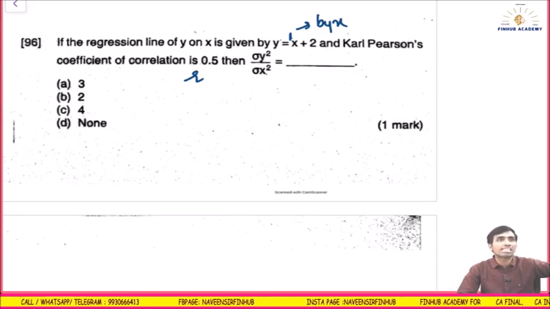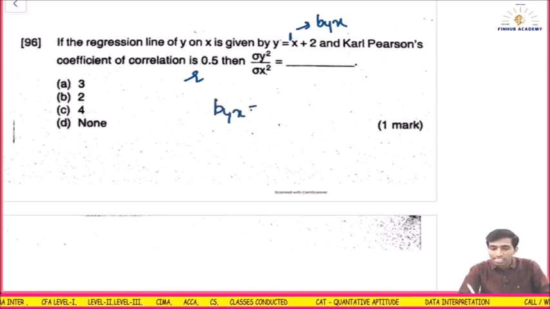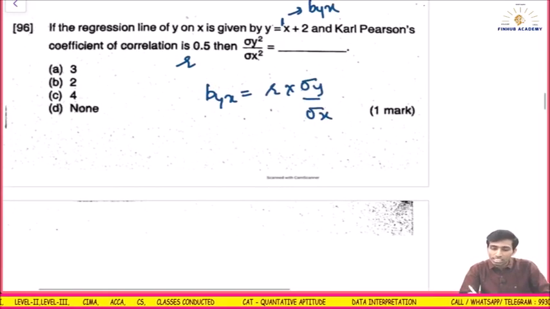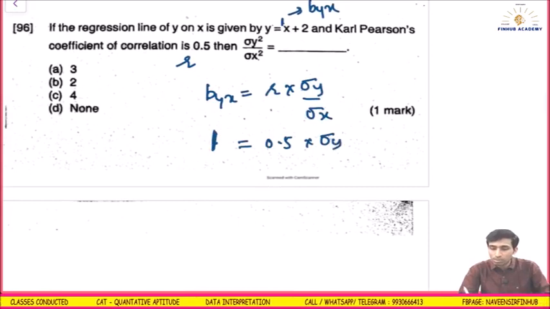Okay, so what are they asking? Standard deviation of y square upon standard deviation of x square. So we should understand they are asking us the variance. Okay, they are asking standard deviation of y square, which means variance. It is misprinting. Variance of y and variance of x. But I know that by on x is equal to r into standard deviation of y upon standard deviation of x. So I know this, na? This is 1, and r is 0.5. So 1 is equal to 0.5 into standard deviation of y upon standard deviation of x.